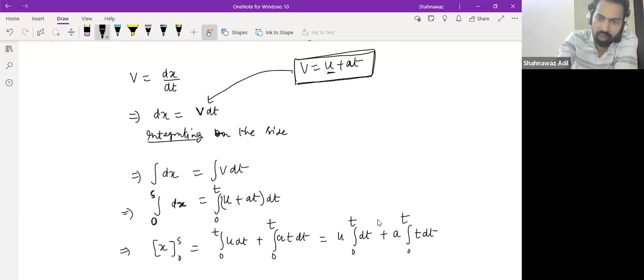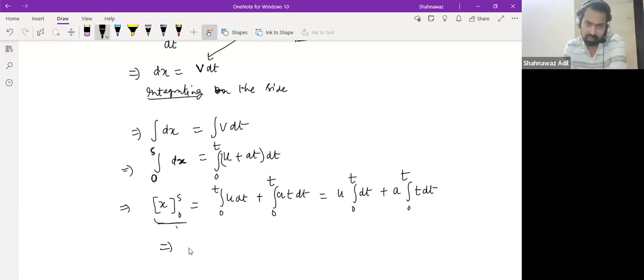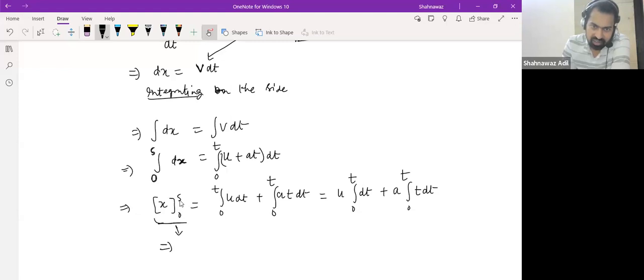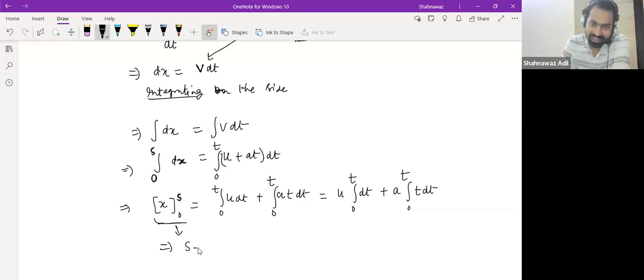So again, we have to put the upper limit and lower limit. So Rishita, you tell me, what should be here? If you put the upper limit and lower limit. S minus 0. Yeah, this is S. So you guys are making fun of my handwriting. So yeah, S minus 0.